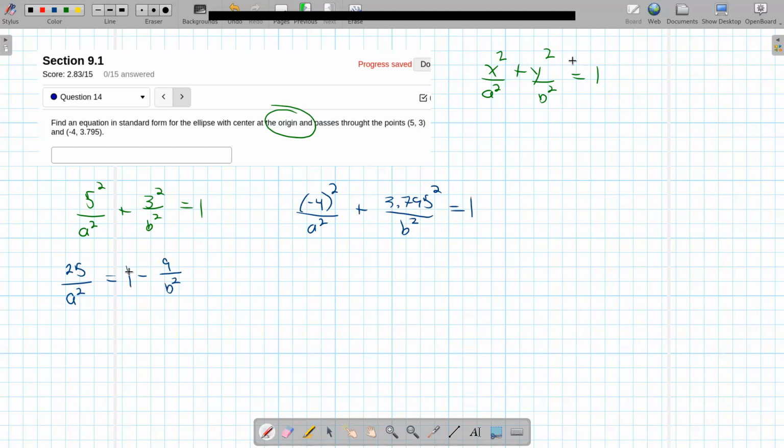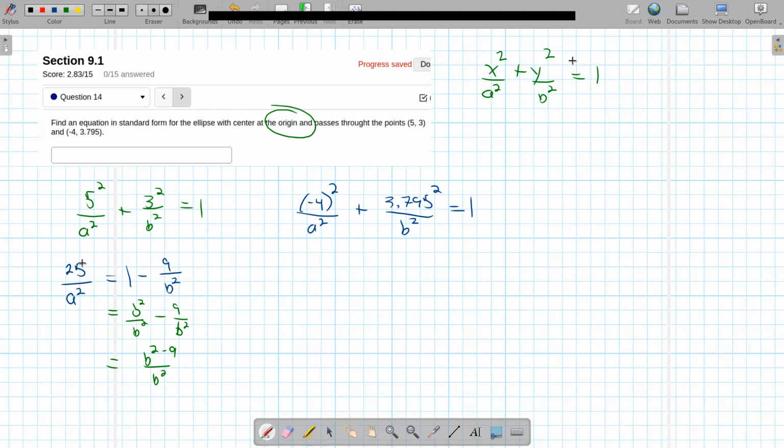We can write the 1 as b squared over b squared minus 9 over b squared, which gives me a common denominator of b squared.